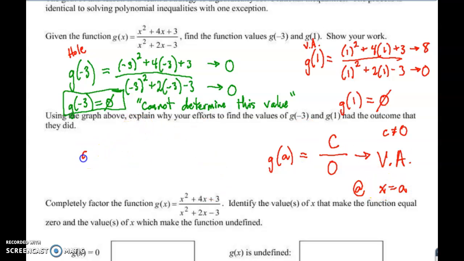But if you had g of b, some different value, equals 0 over 0, and if I heed my own advice, I'd put arrows there, that's your clue that it's a hole at that b value, x equals b.